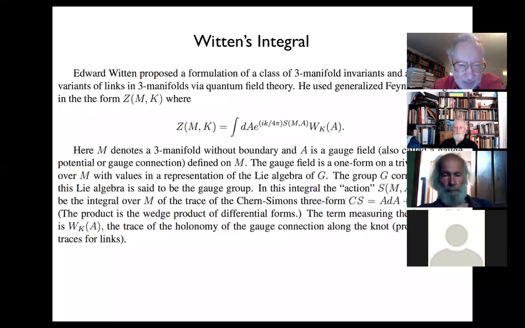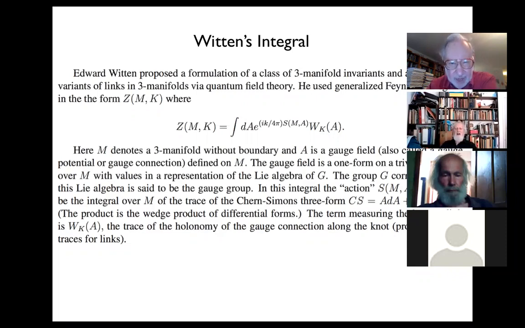And we'll see what kind of an animal the Lagrangian looks to be in a moment. But it doesn't depend on a metric. And so from Witten's point of view, you're dealing with something that's topological when you deal with an integral of this type. But we're going to look a little more closely at what happens when you move things around.